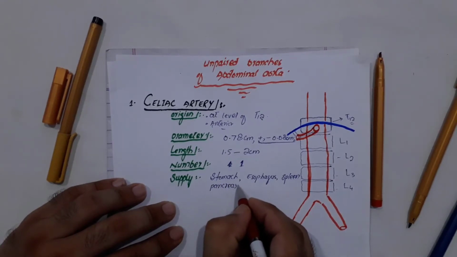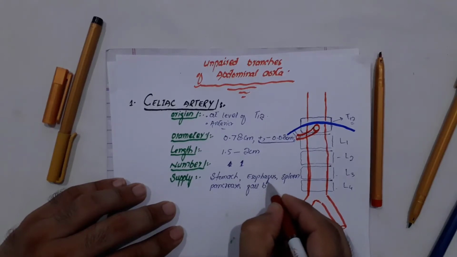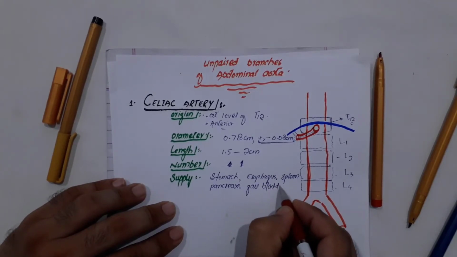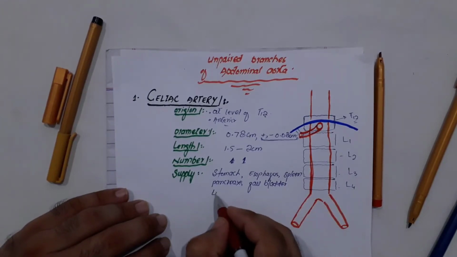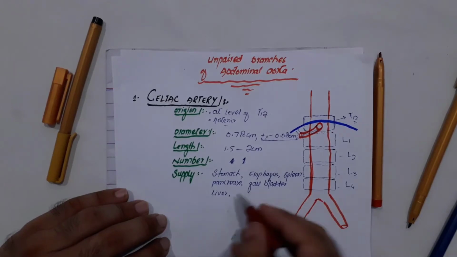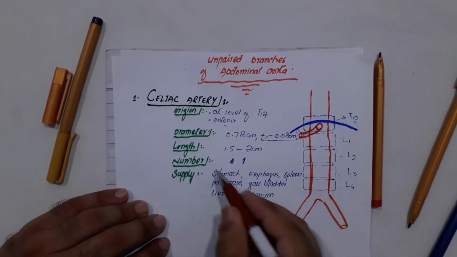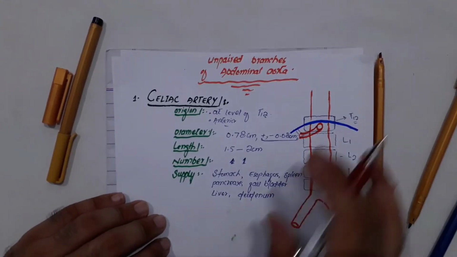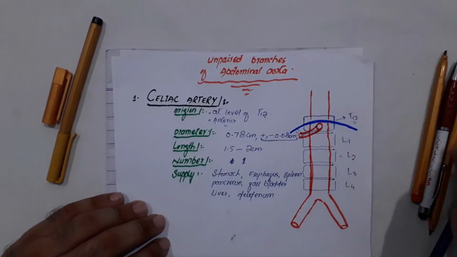These are all abdominal viscera. It also supplies the gallbladder, giving it oxygenated blood, and it also supplies blood to the liver through the hepatic arteries, and some parts of the duodenum. So these abdominal viscera are mostly supplied by this celiac artery.